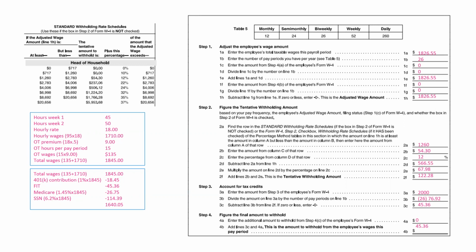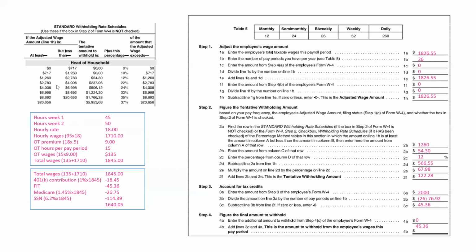We come up with lines 1A and 1D are still the same, 1826.55. And all the way down, our adjusted gross wage amount is 1826.55. Then if we take a look at our tax information, from what this person claimed, we need to go to 1,260.